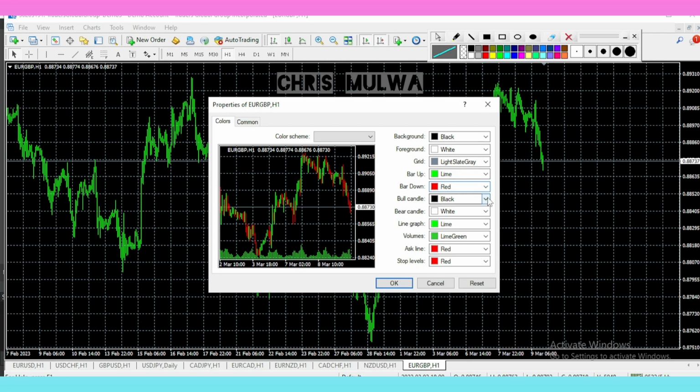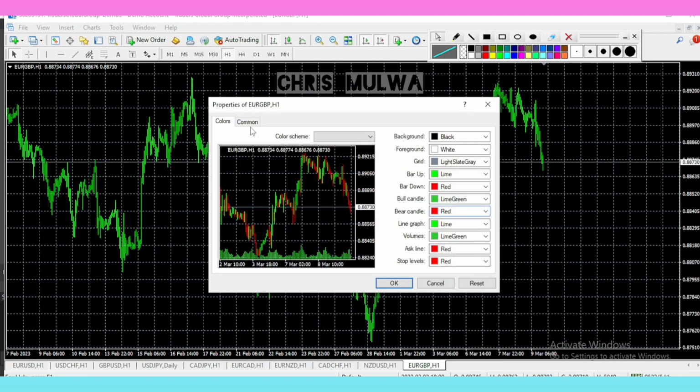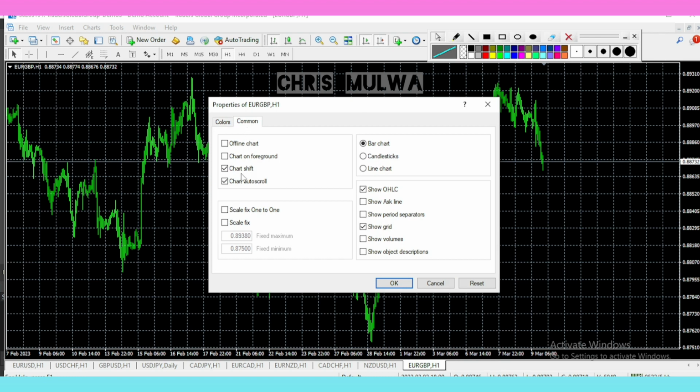A bull candle means a bullish movement, so that is an upward candle, so we are putting green. That is the lime. Then a bear candle, that is the bearish movement. That one is red.